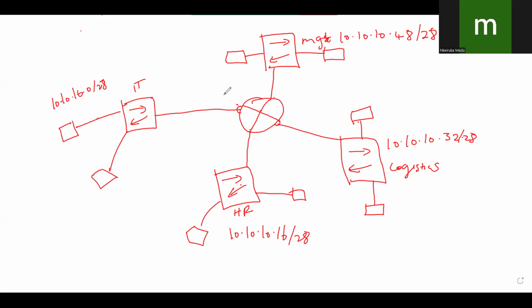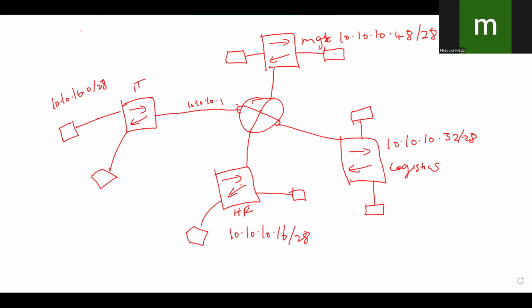Give me one IP from IT that I can assign to this router interface. 10.10.10.29? No, this is 10.10.10/28. Oh, sorry, .1. We can do .1. That's fine.